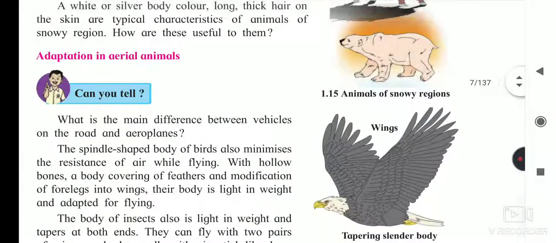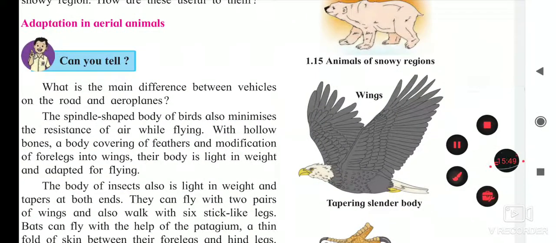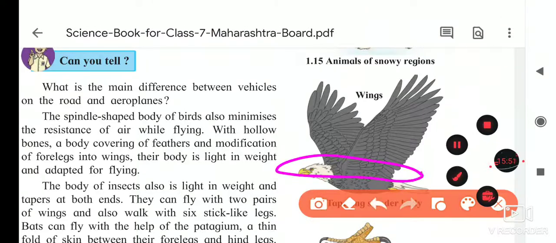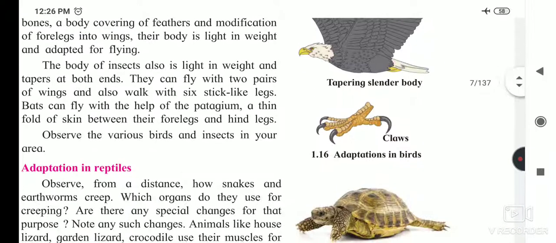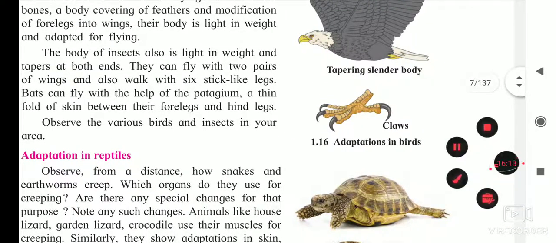Now moving towards adaptations in aerial animals: they have hollow bones, and the body is spindle shaped to reduce air pressure at the time of flying. The forelimbs are converted into wings, and the body is also covered with small feathers. Claws are also there.